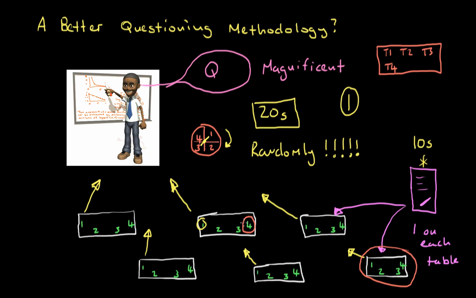Well, in the 20 seconds, this number 4 can quickly explain the answer to his 3 mates, thereby sharing the knowledge he or she has developed in the process of his or her own studies, and therefore enriching the knowledge of others. And of course, one of the others gets to present their answer.